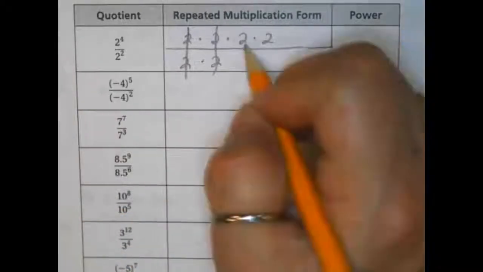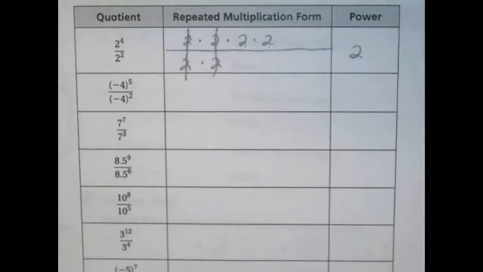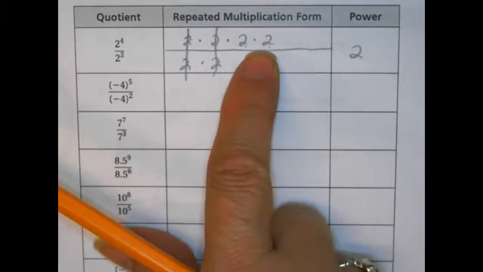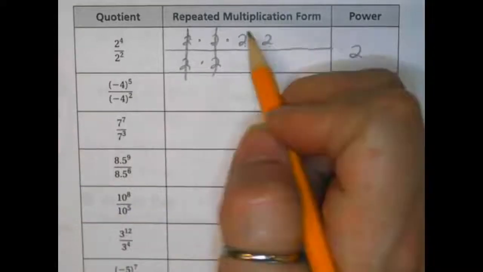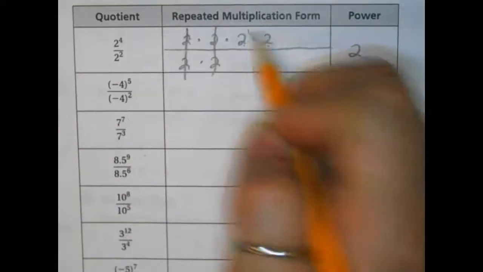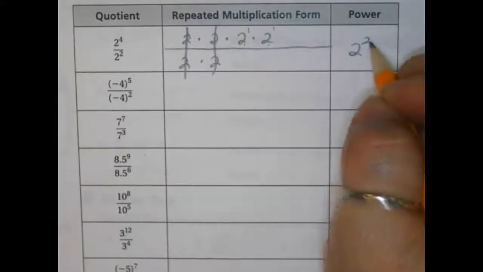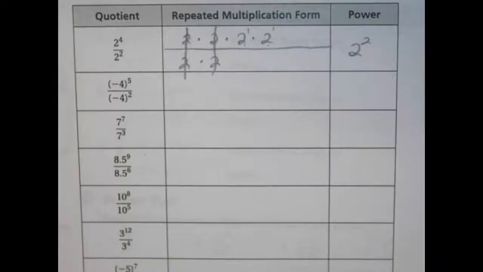No. I still have my base of 2, correct? And what is my power now? Nope, 2. This is 2 to the 1, and this is 2 to the 1. What's 1 plus 1? 2. So my power is 2. Pretty simple? Well, sort of.